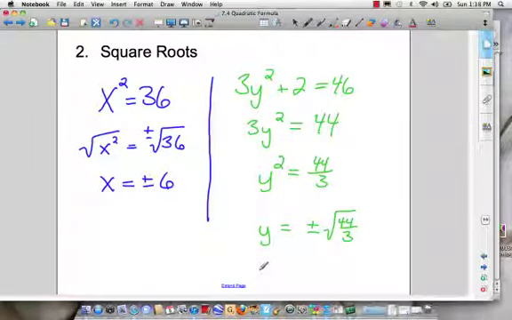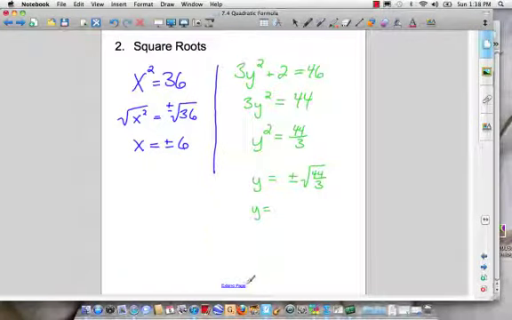At this point, that's far enough, but I don't want to leave it like that in my video, so I'm going to go ahead and do a little bit of fancy square root manipulation on that one. What you're really supposed to do is break it into the square root of 44 over the square root of 3, and then the square root of 44 is 2 times the square root of 11, over the square root of 3, and then you're not supposed to leave a square root in the denominator.